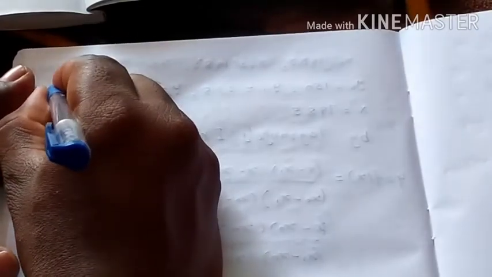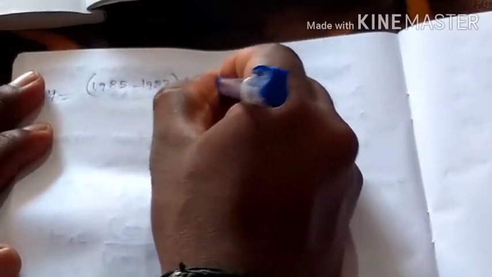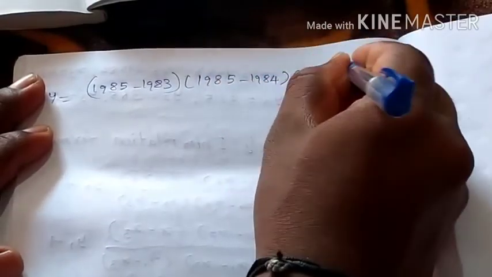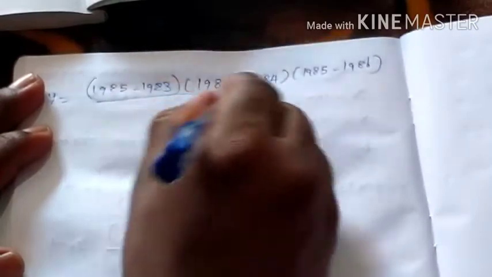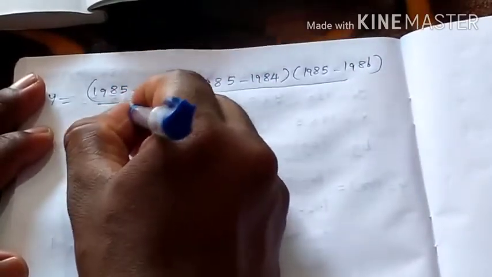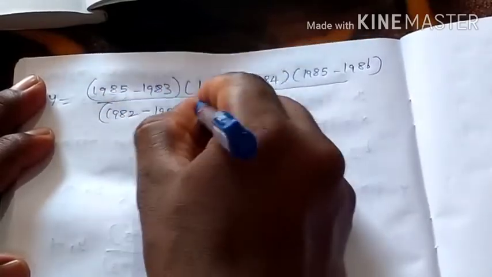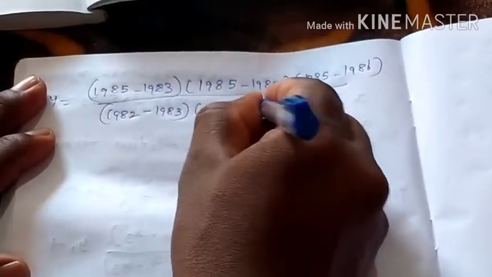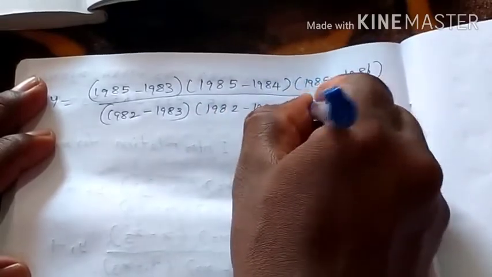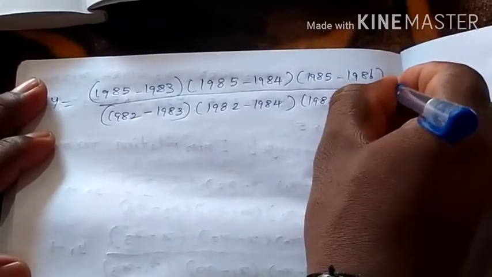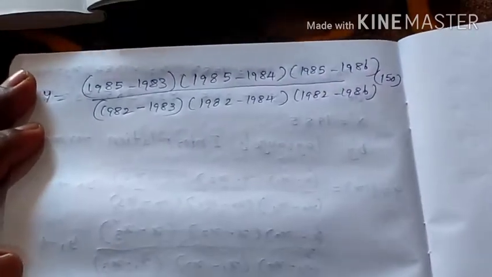y is equal to (1985 minus 1983)(1985 minus 1984)(1985 minus 1986) whole divided by (1982 minus 1983)(1982 minus 1984)(1982 minus 1986), where the x0 value is 1982, into y0 value 150.